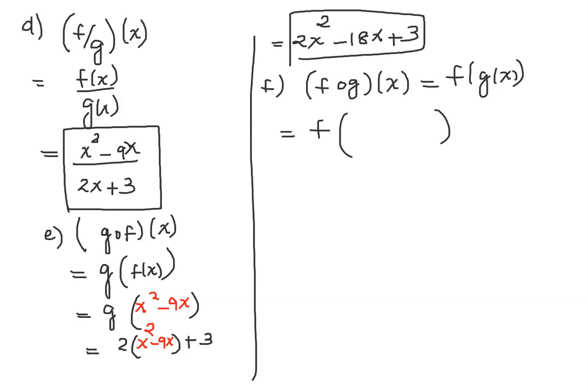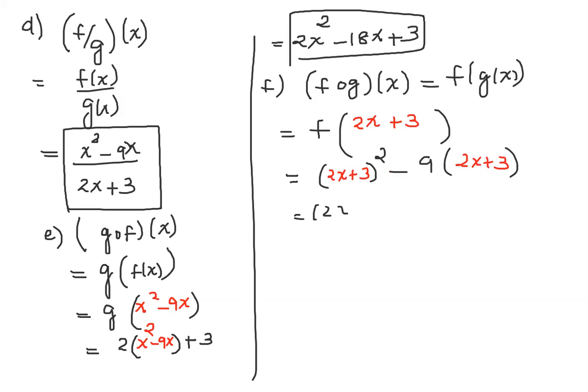G of x is 2x plus 3. So we're going to plug the whole thing into f. F is x squared minus 9x. So we're going to plug this 2x plus 3 into that. What that means is 2x plus 3 times 2x plus 3.